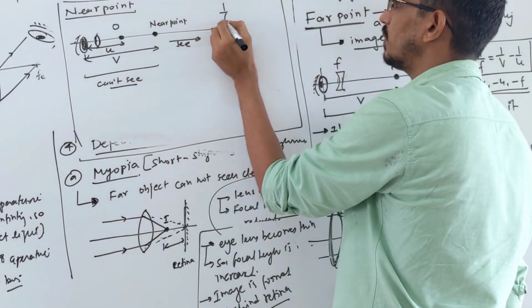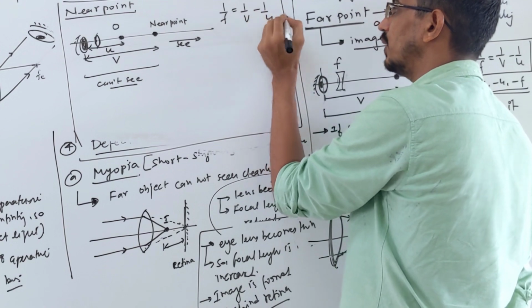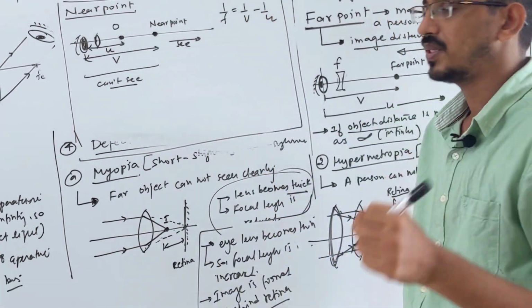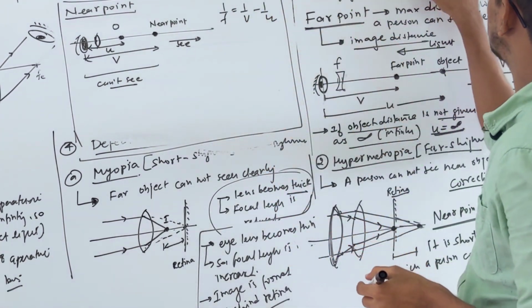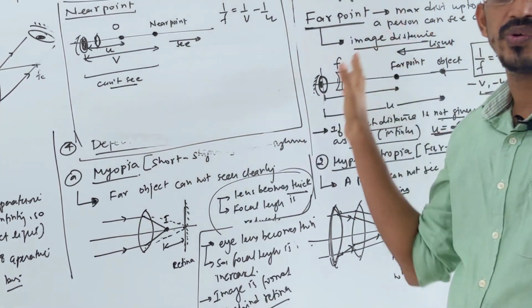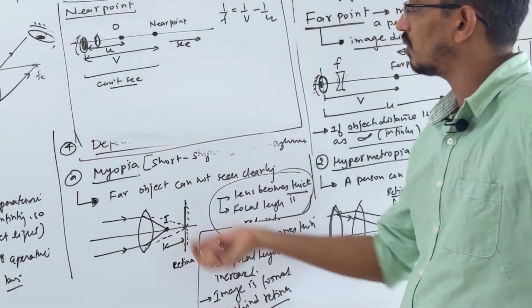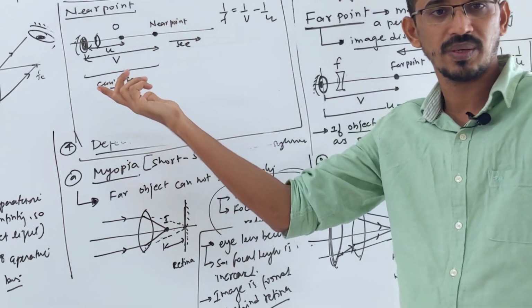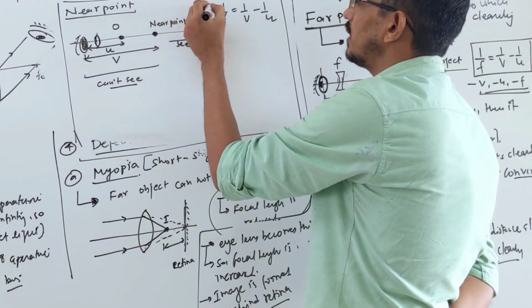Write this formula: 1 by f is equal to 1 by v minus 1 by u. Now listen carefully. In this case, this is your concave lens, negative focal length or negative power. But here we need a convex lens, positive focal length, positive power. Light is coming in this direction.